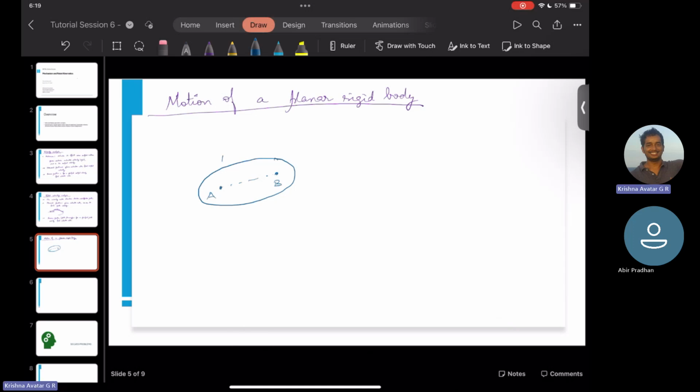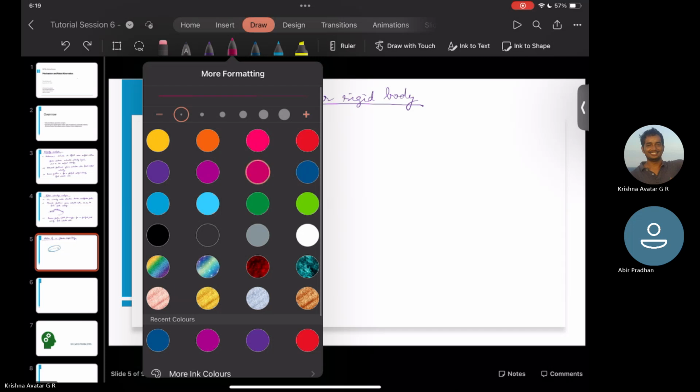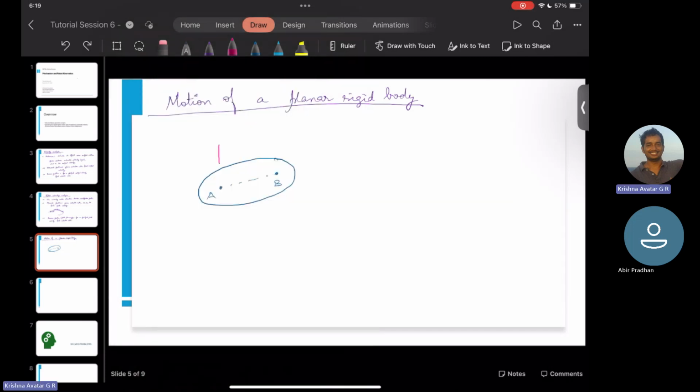At point A we have VA, and then we also have VB. And there is some planar rigid body.